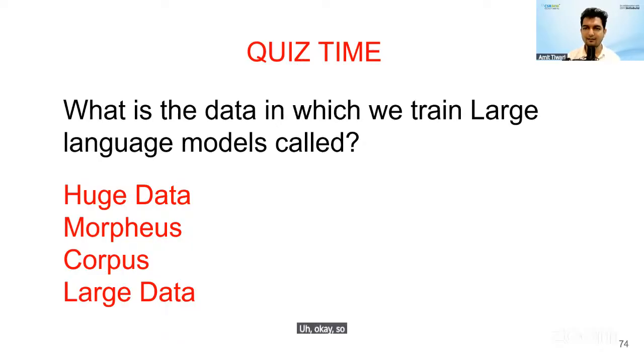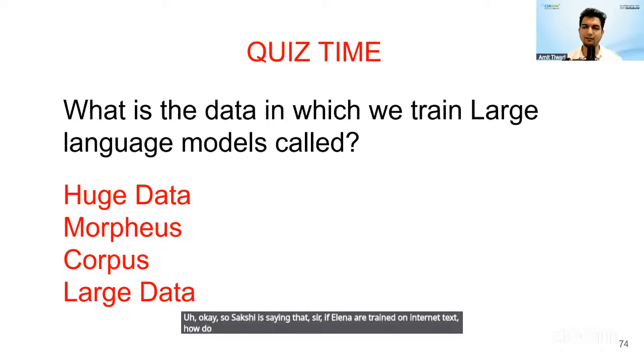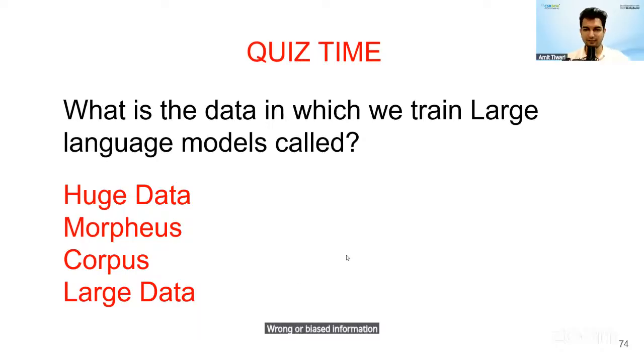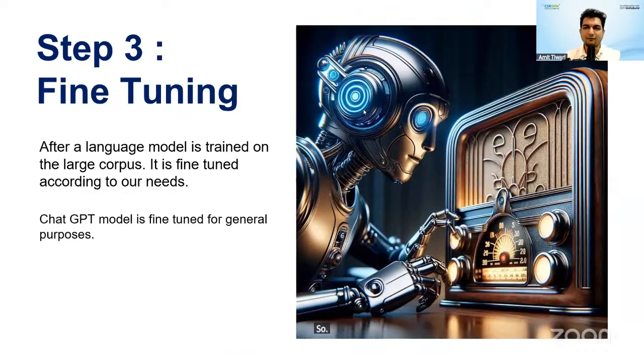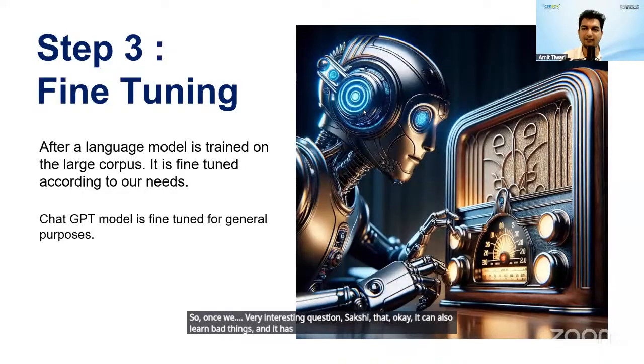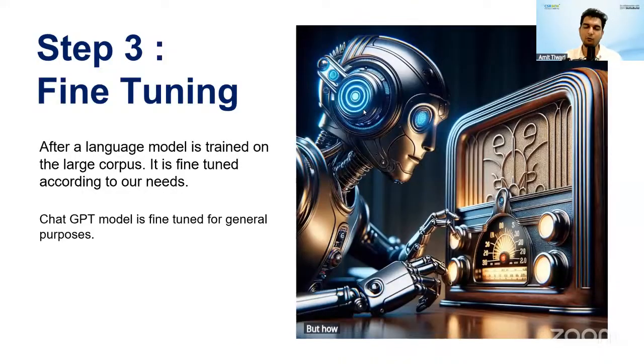Sakshi is asking, sir, if LLMs are trained on internet text, how do they avoid learning wrong or biased information? Yes, this is what fine tuning is all about. Very interesting question, Sakshi. It can also learn bad things, and it has learned bad things, but how can we make it not learn from them?